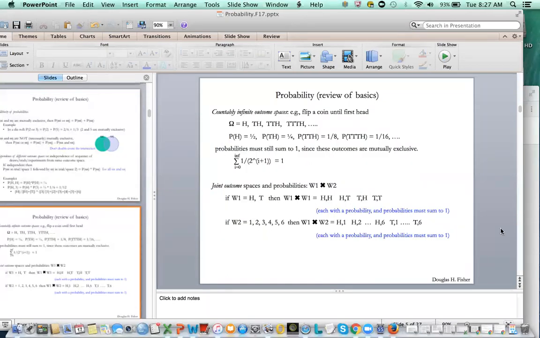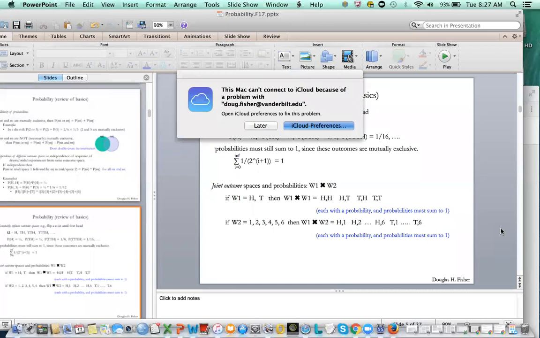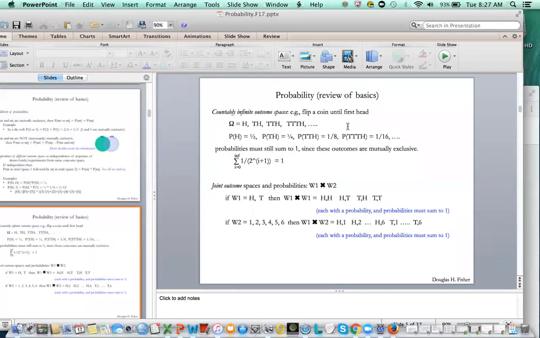Looking at the next slide on countably infinite outcome spaces, this might be a flip of a coin until you get the first head. So the outcome space in this case would be a series that ends in a head, and you would count up the outcomes until that first head.